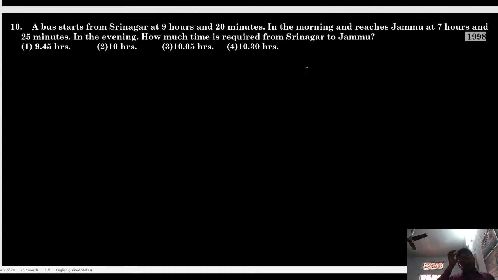Tenth question. A bus starts from Srinagar at 9 hours and 20 minutes in the morning and reaches Jammu at 7 hours and 25 minutes in the evening. How much time is required from Srinagar to Jammu?